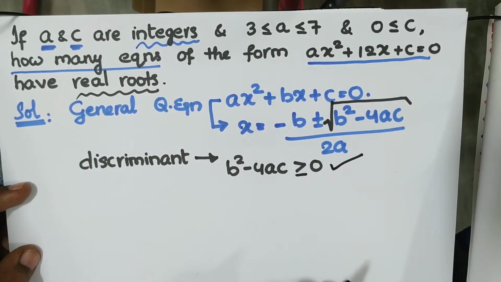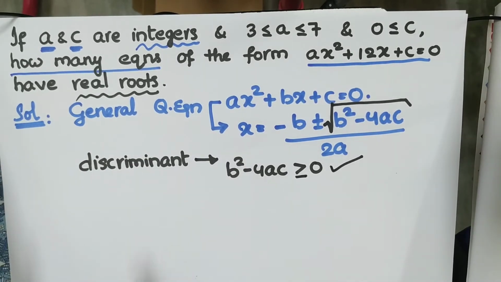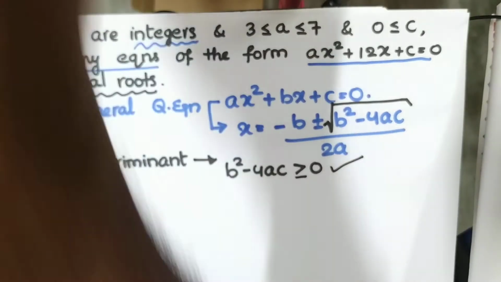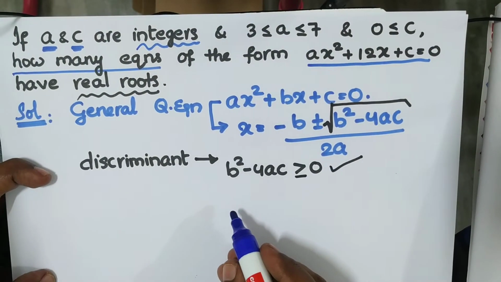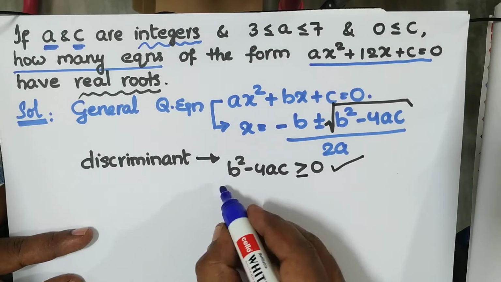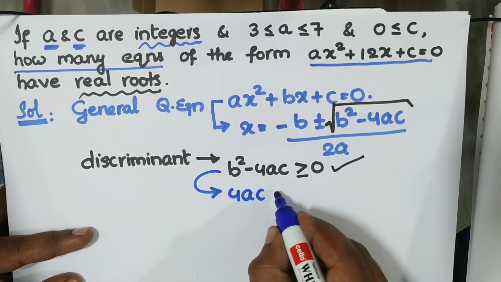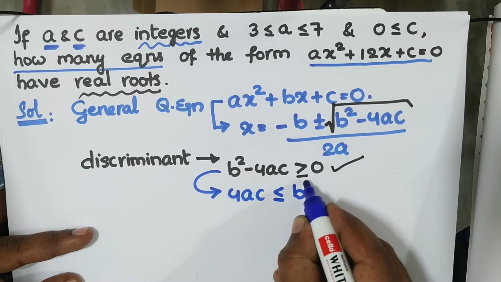Then you have to satisfy this condition. Now somehow we have set up certain things for our question. Let's further proceed and see how we can solve this question. The same thing, b square minus 4ac, we can also write like this: 4ac is less than or equal to b square.